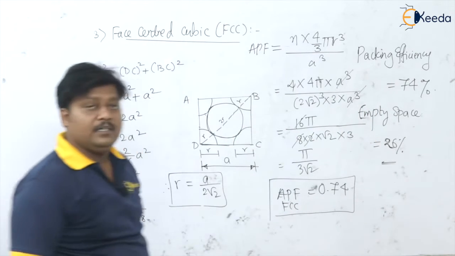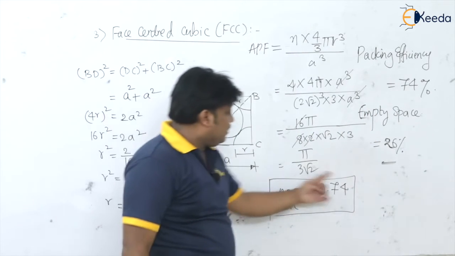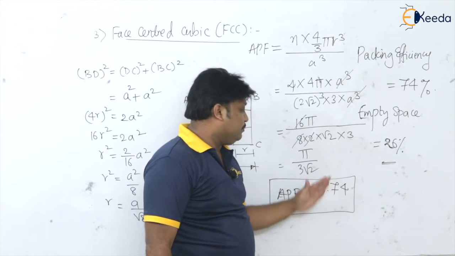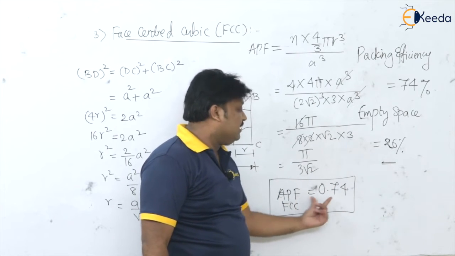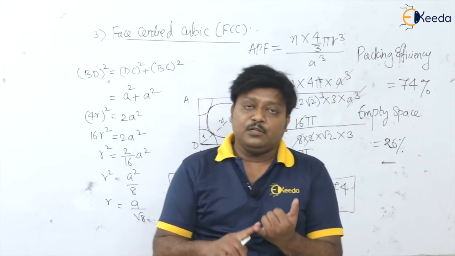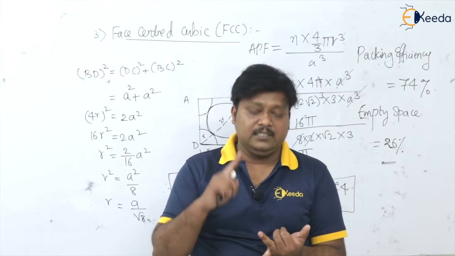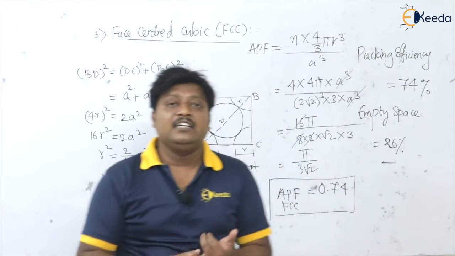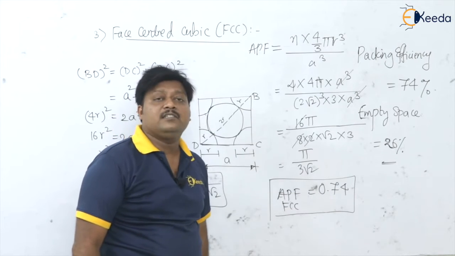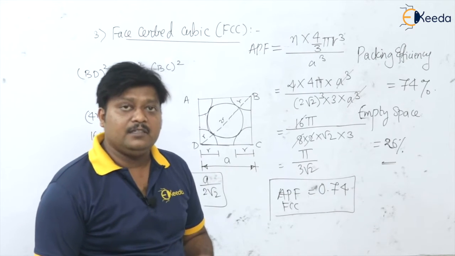So please remember this value. The atomic packing factor for FCC structure is 0.74, and 74% is the packing efficiency. So see, simple cubic 52%, BCC we saw 68%, and FCC we got 74%.